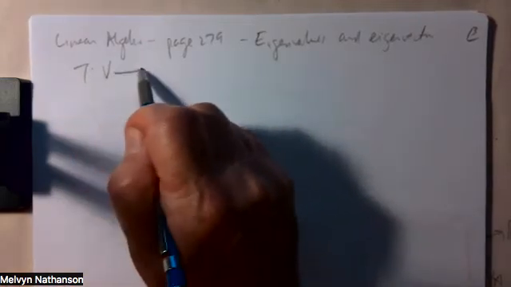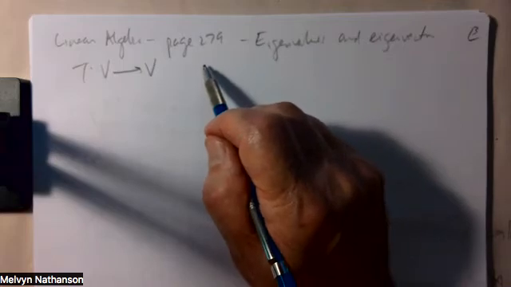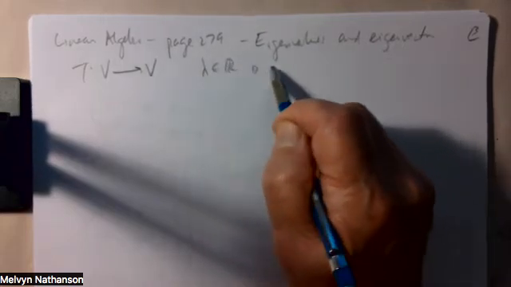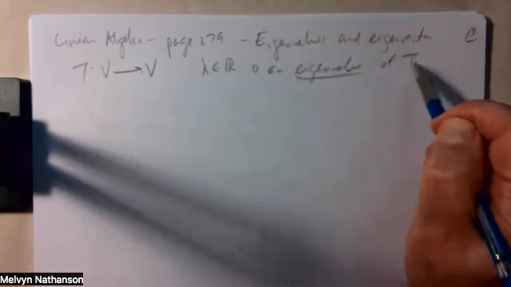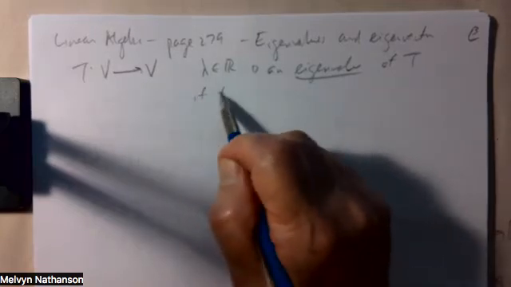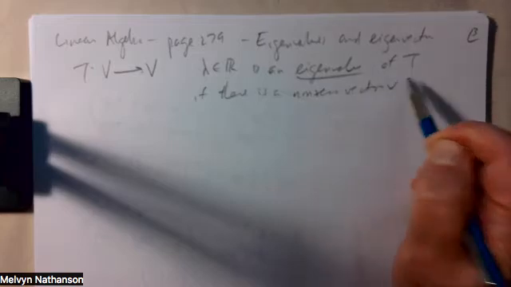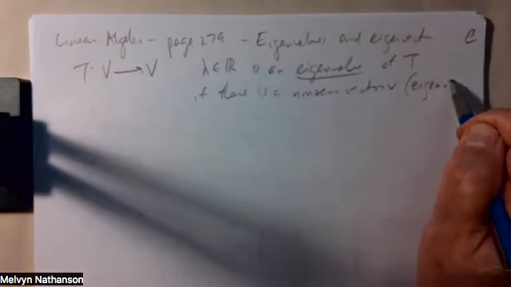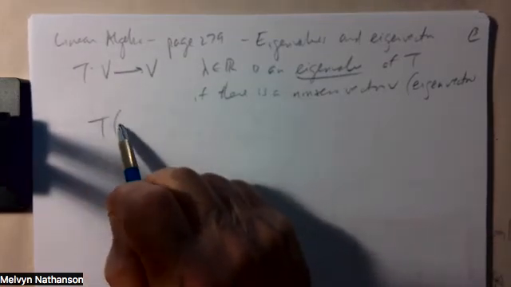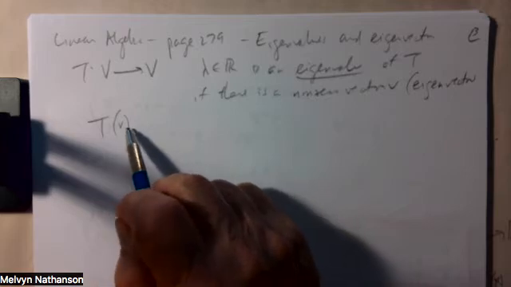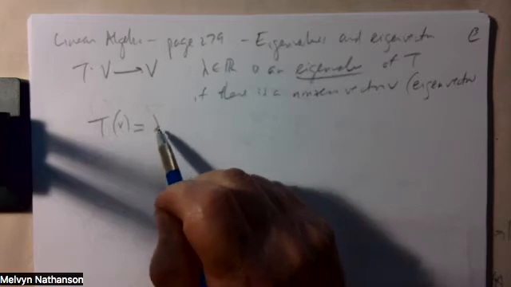So if we have a linear operator, a linear transformation from a vector space to itself, you say that a scalar lambda is an eigenvalue of this operator T if there is a non-zero vector V, which is called an eigenvector for lambda, such that if I apply T to this vector V, it doesn't change its direction, it just stretches it by a scalar lambda.